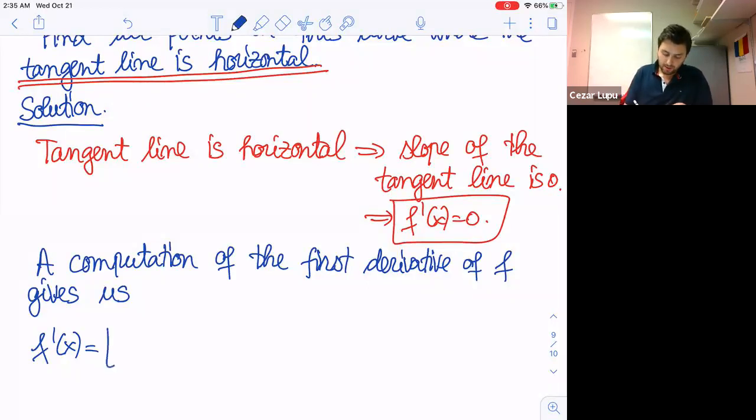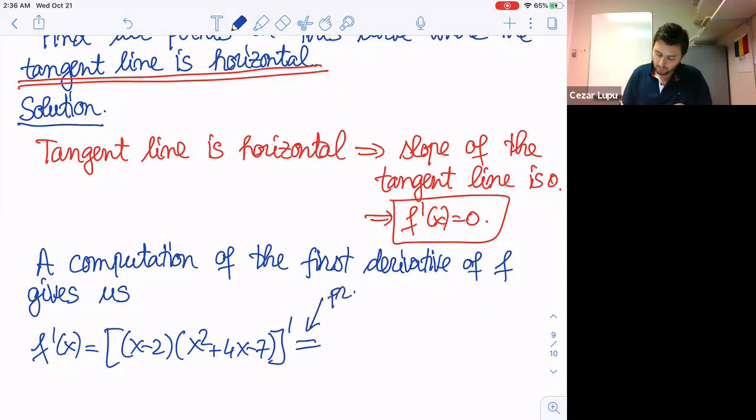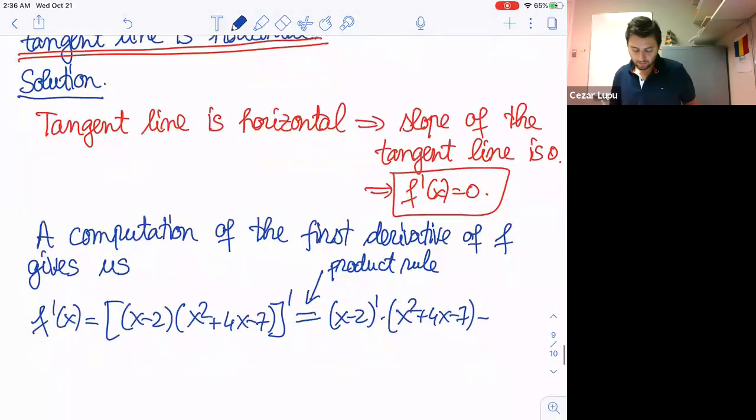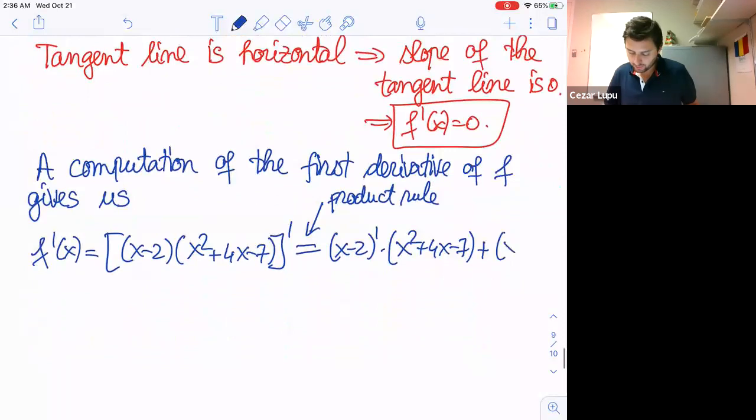So let me write it this way: x minus 2 times x squared plus 4x minus 7, and everything prime. So we apply here the product rule. This is equal to x minus 2 prime times x squared plus 4x minus 7, plus x squared plus 4x minus 7 prime times x minus 2.